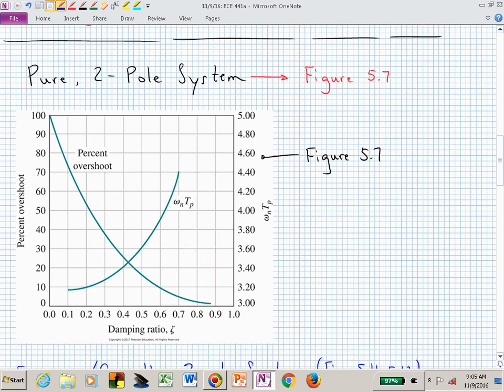That's this percent overshoot curve relationship between the damping ratio and the percent overshoot. And it goes down as you increase the damping. The damping ratio is going to vary between 0, which means you have complex poles on the imaginary axis, and then you just ring and ring and ring, all the way to zeta equal 1, where you have purely real poles. And you know then if you wanted a 10% overshoot, you could read over and you now say, oh, I want a damping ratio of 0.6.